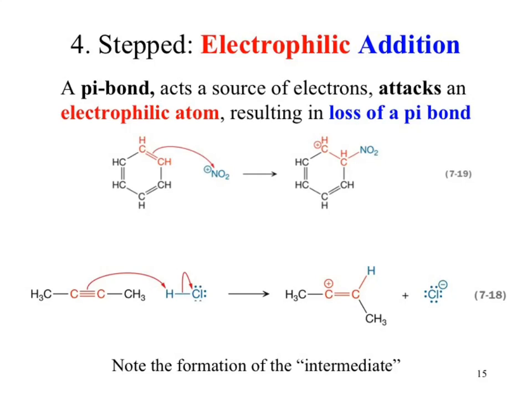A base. What did the other molecule act as? An acid. Why is it getting called electrophilic? I think it's because they didn't want to come up with an acidic addition. So it's pretty much the same thing as an electrophilic addition, except the electrophilic atom is hydrogen as opposed to a positively charged atom. Okay, so kind of watch out for that. That will get classified as an electrophilic addition.